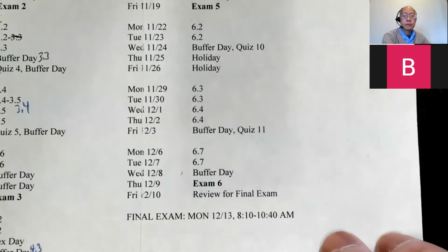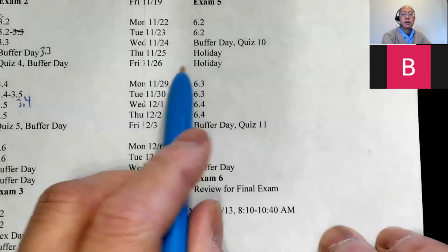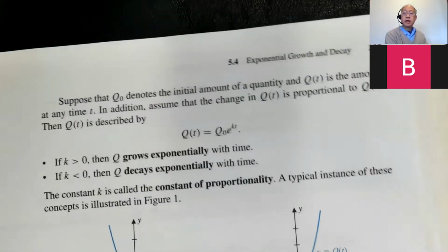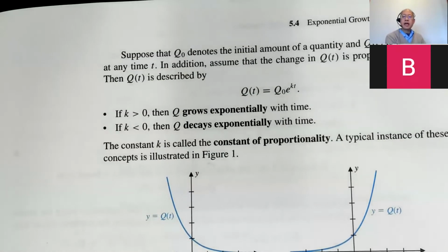Okay. All right, so we're going back to exponential growth and decay. Yesterday, we did more of the growth. Today, we'll do some of the decay stuff. Okay, so key thoughts, page 305, Q of T equals Q0 e to the KT.